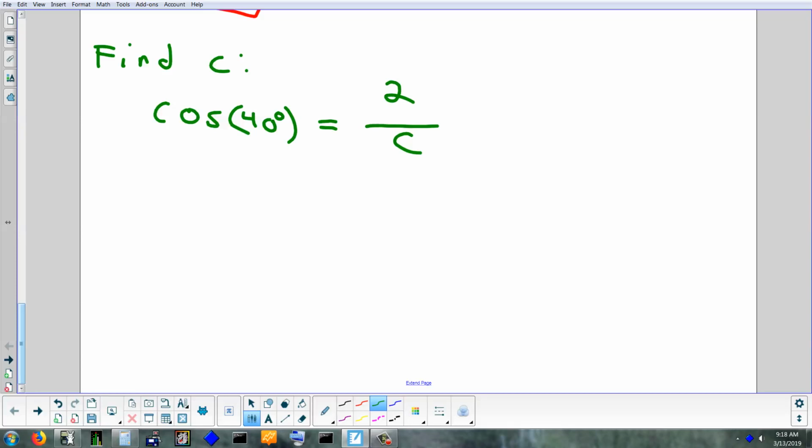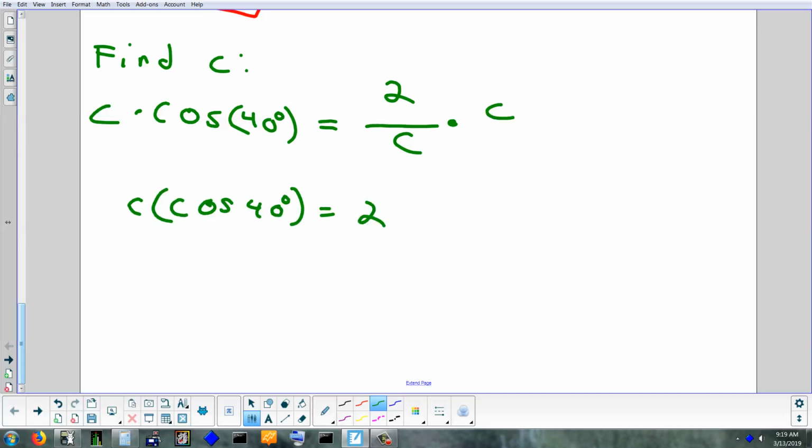Division. What's the opposite of division? Multiplication. So we're going to multiply. And what's the thing that we're trying to get rid of right now? The C. So we're going to multiply both sides by C.